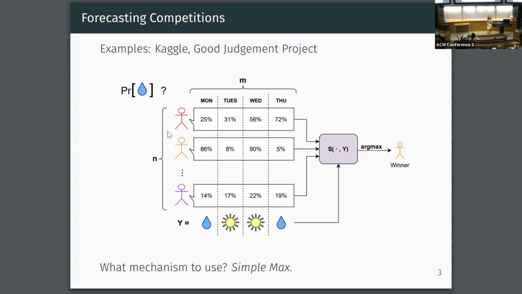Which is good because we want to measure these forecasters based on their true beliefs. So we sum over these proper scores for each outcome and prediction, and then we simply choose the forecaster who achieves the maximum. And that is why we call it simple max. It's a very simple and sort of intuitive mechanism in the community.